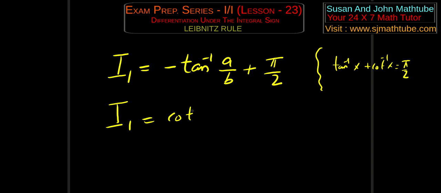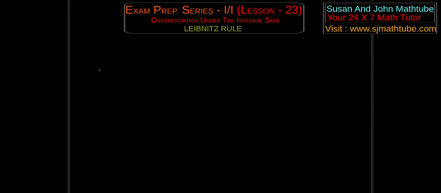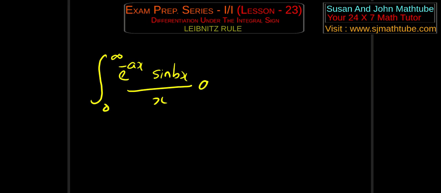It becomes cot inverse a by b. But what is I1? I1 is integral 0 to infinity e power minus ax, I told you we created this integral, sin bx by x dx is equal to cot inverse a by b.